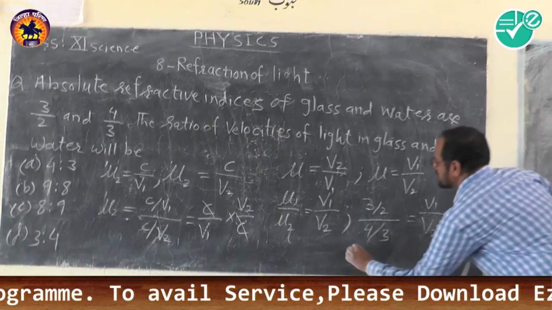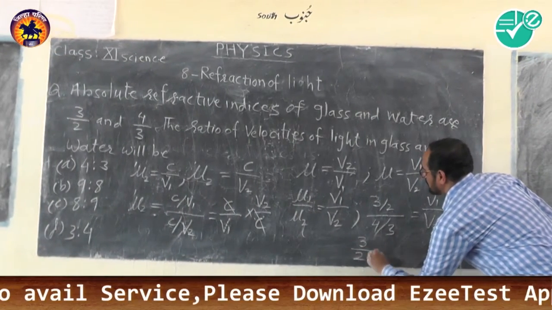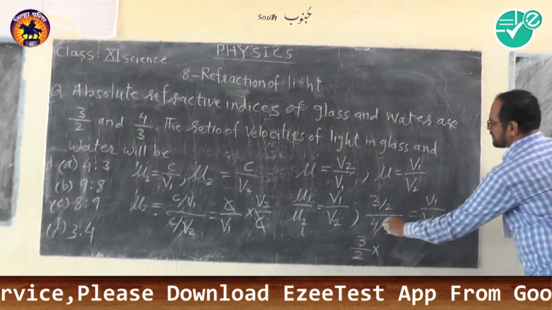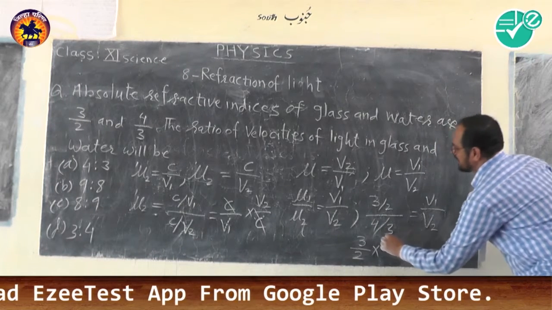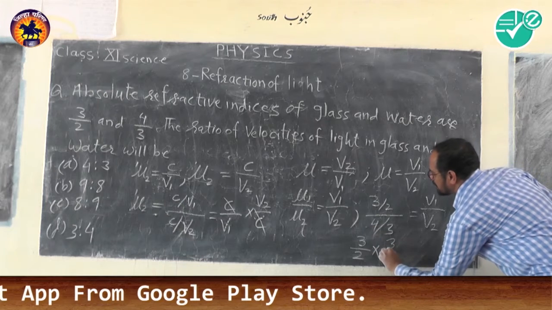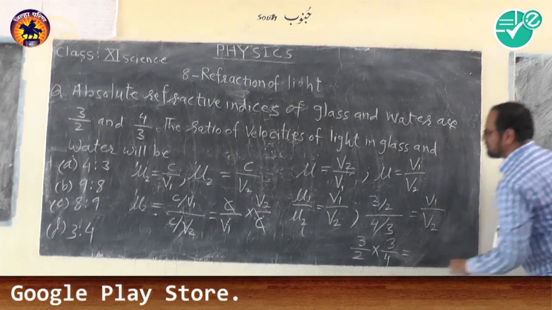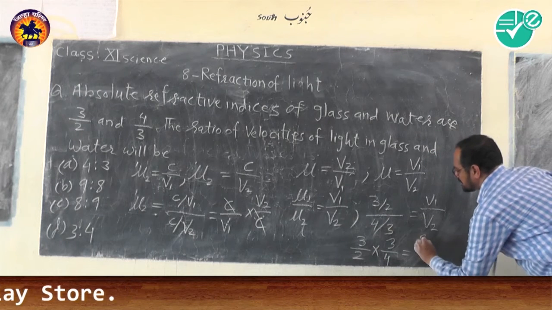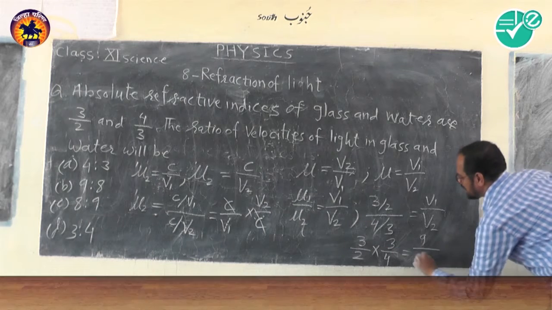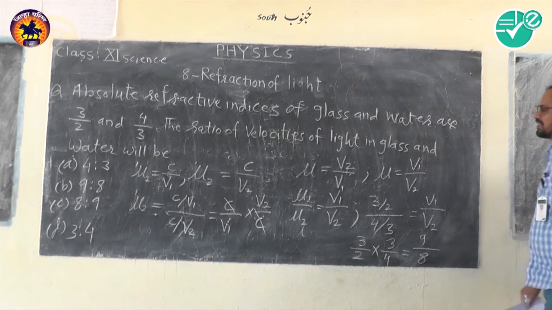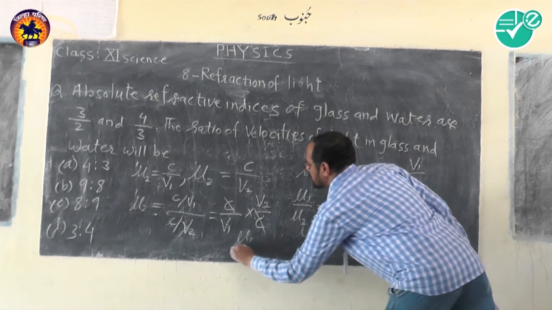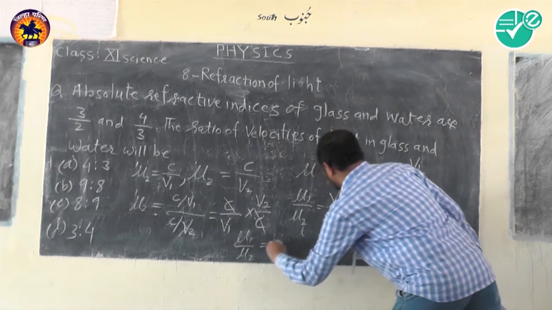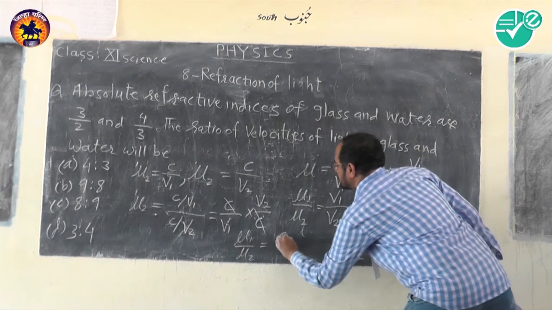Or we can write this as 3 by 2 into 3 by 4. If we multiply these values, we get 3 3s are 9 upon 2 4s are 8. So the ratio mu1 by mu2 is equal to 9 by 8.